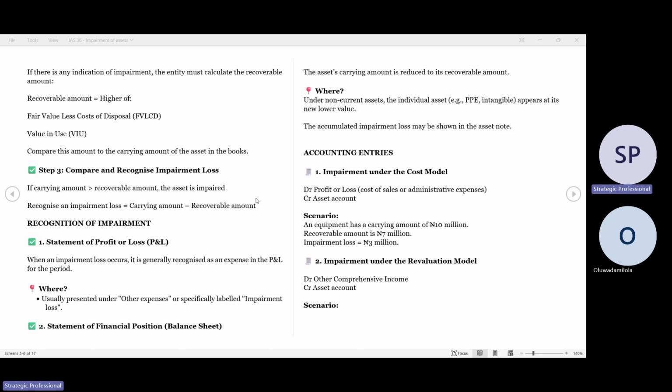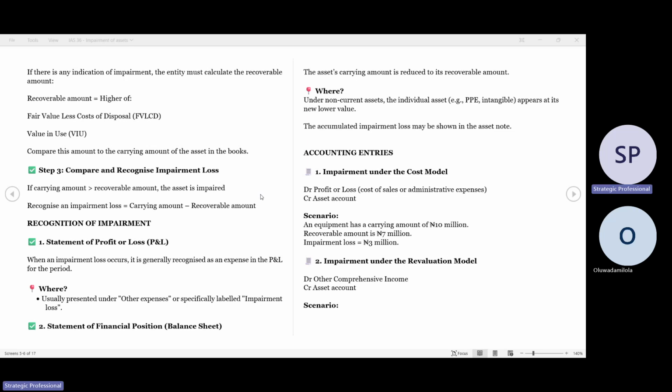However, once the carrying amount is less than the recoverable amount, there's nothing like impairment gain. It means that what you have recognized in your book is fine. No further action is required.